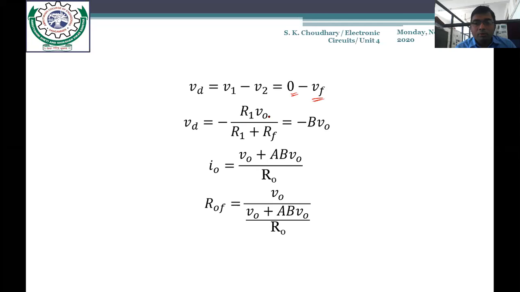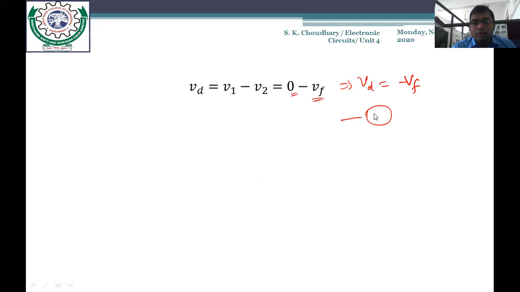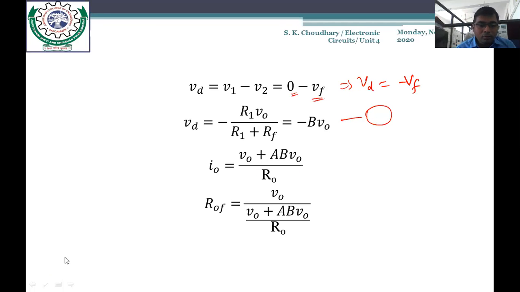So VD is equal to minus VF. VF we already found in the previous equation as R1 upon R1 plus RF into V naught. That means VD is equal to minus B V naught. This is equation number 5.